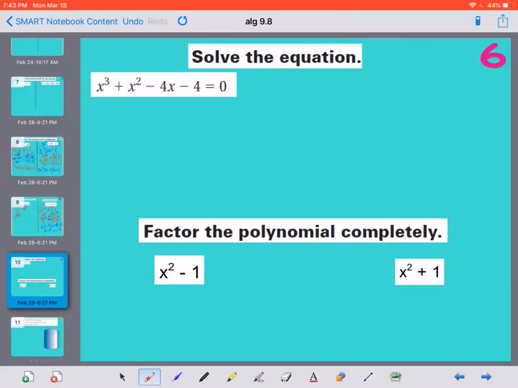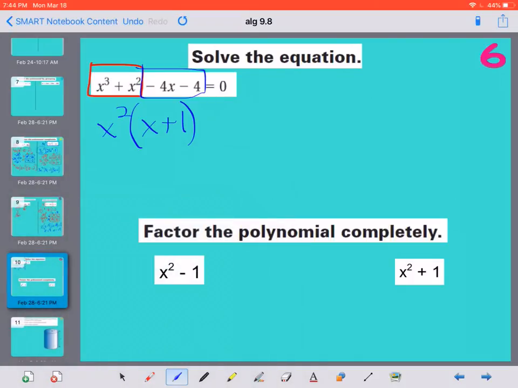So if I group these, what I'm going to do is group this, and I'm going to group this. So we have x cubed plus x squared. I can take out an x squared out of both of those. Then once I do that, I'm left with x plus 1.